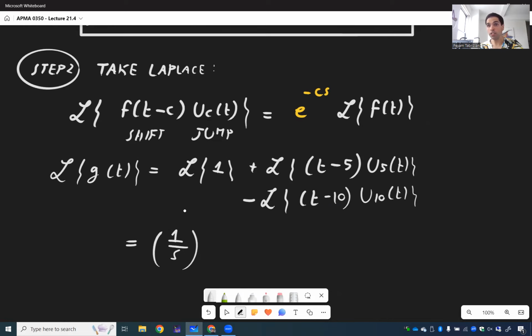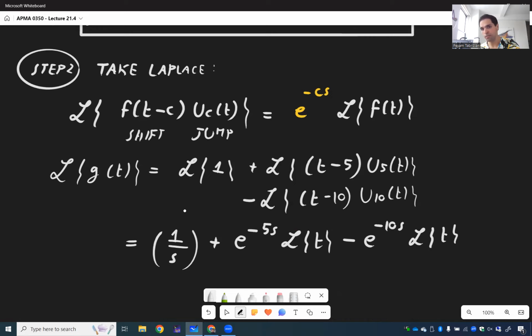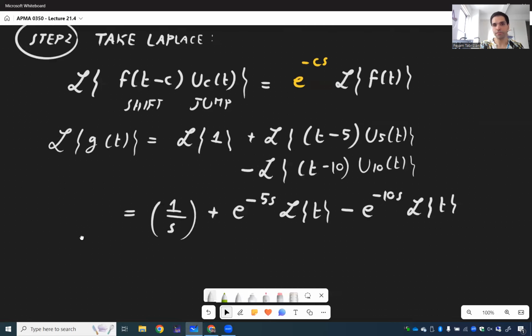And here, we take the function t and shift it by 5 units and jump. So there is an extra exponential term that comes out. So plus e to the minus 5s, Laplace transform of t, minus e to the minus 10s, Laplace transform of t. Again, Laplace of shift and jump is the exponential term and the unshifted transform.